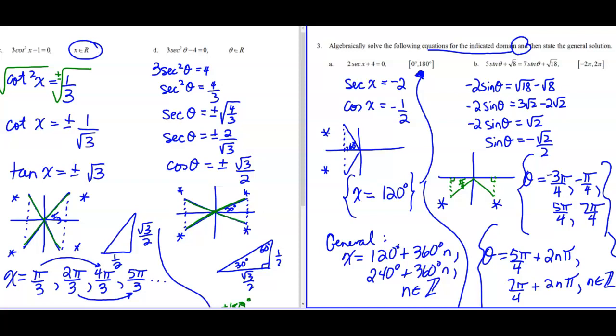But that doesn't mean you shouldn't check them. Likely something might come into play is if you have more than one trig ratio in it, maybe you have a sine, maybe you have a tan, so you have to show it in terms of sine and cos.